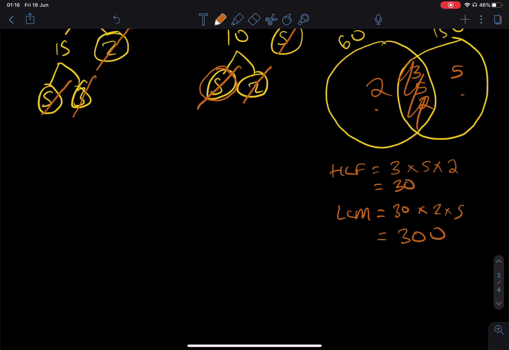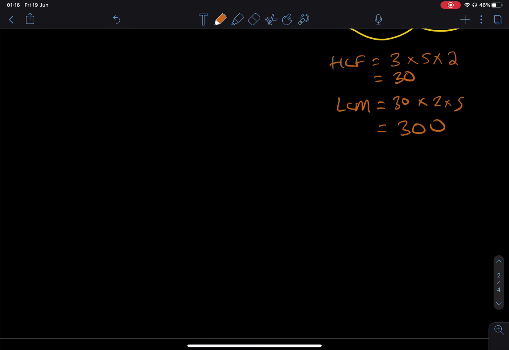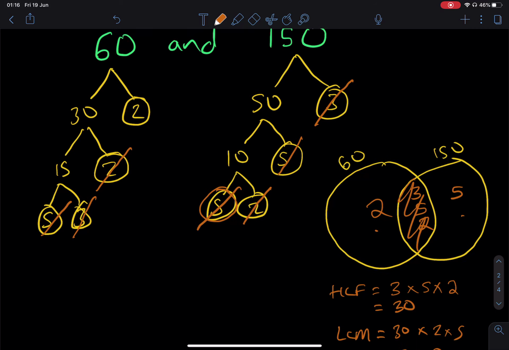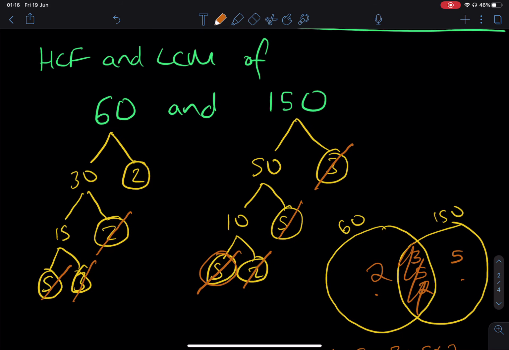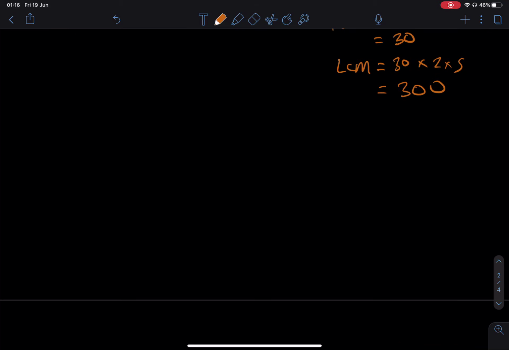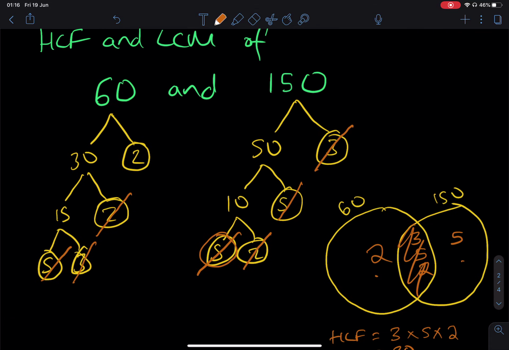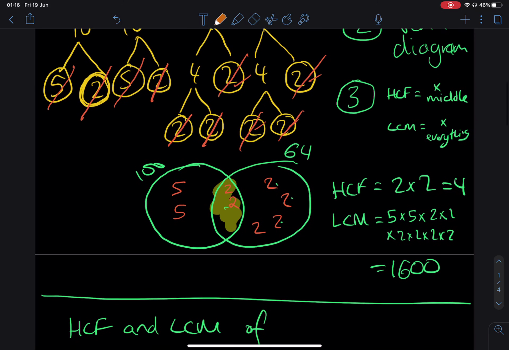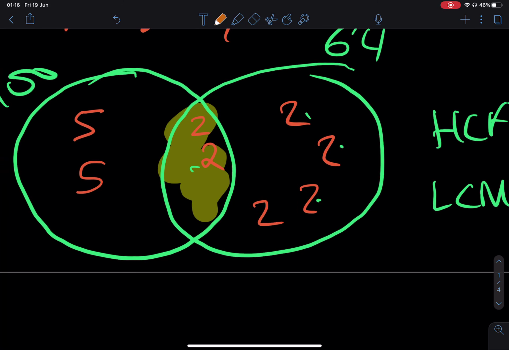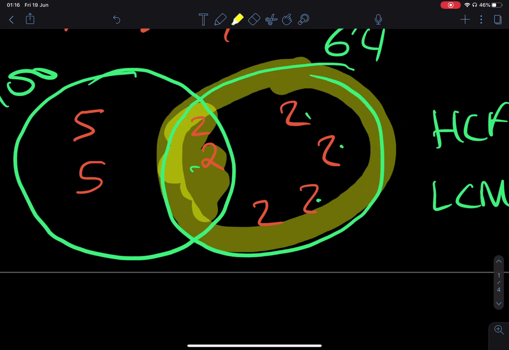Okay, just a side point, because we know how to work out the Venn diagram from a prime factor decomposition, we can actually also work backwards. If I've got a Venn diagram, I can use that to work out what the original number is, because if you look at these Venn diagrams, let's go to this one which I haven't crossed out. What happens if you multiply all the numbers within one circle?